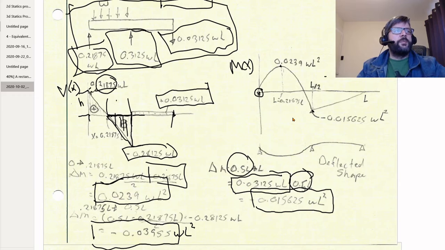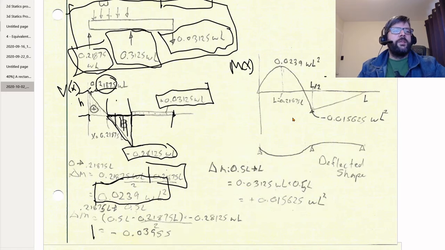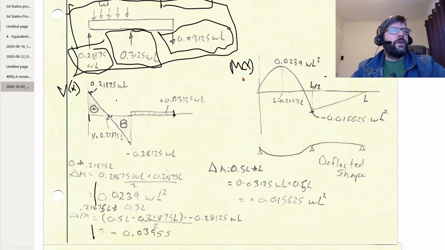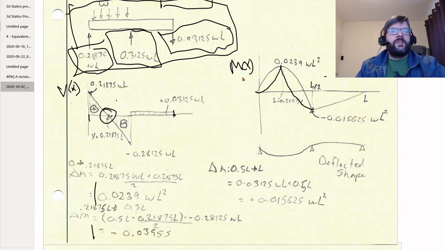So one thing to keep in mind when you're filling in the moment diagram is the rate of change. I've often seen students who draw something like this on their diagrams, but we know that in this segment right here, the shear is small in magnitude, it drops to 0, and then it increases in magnitude again.